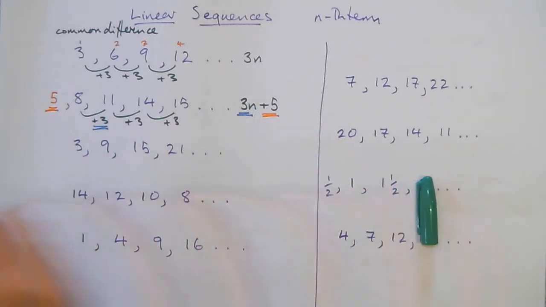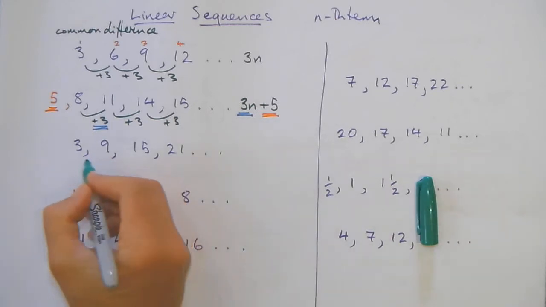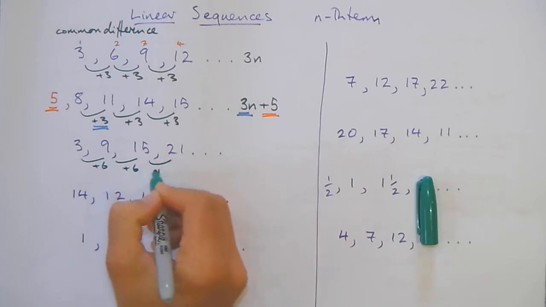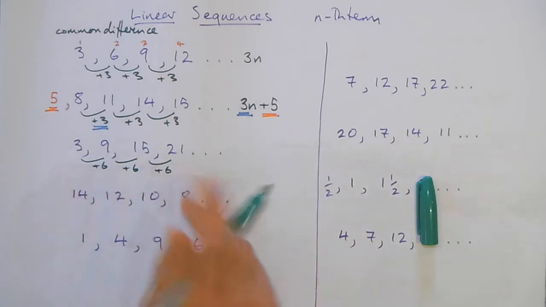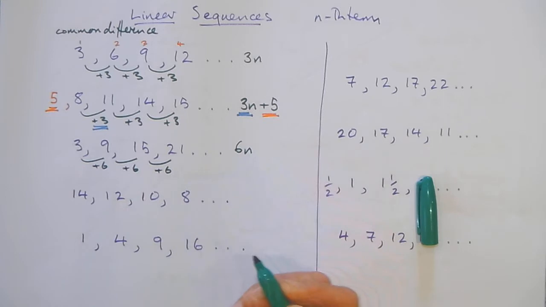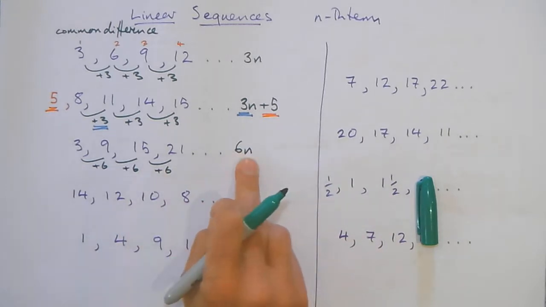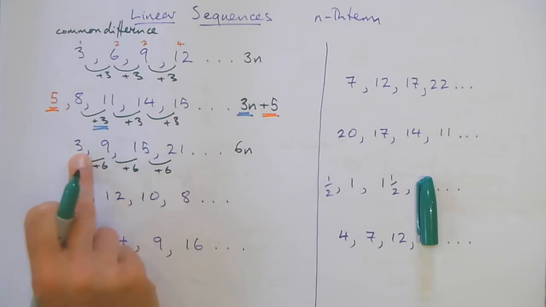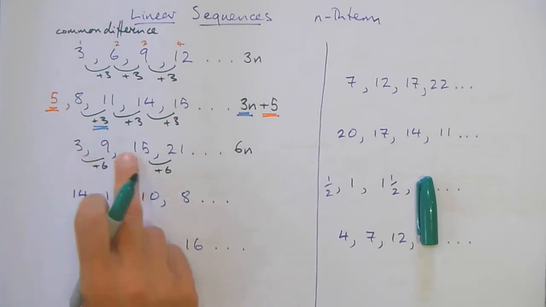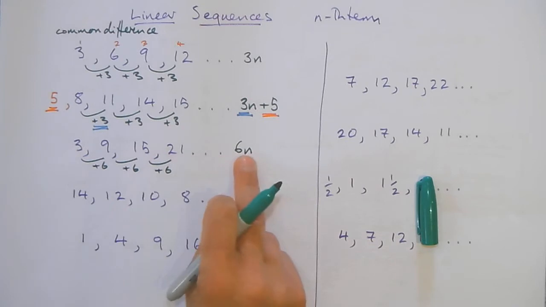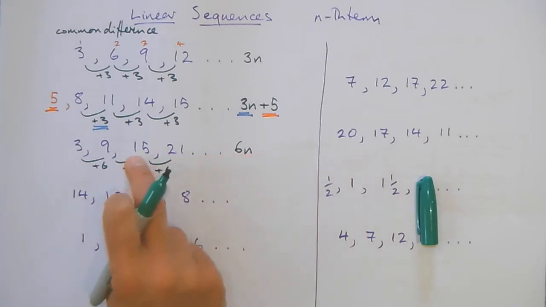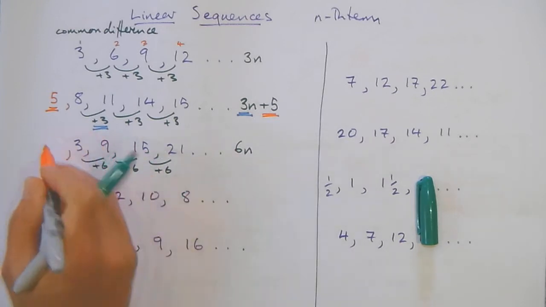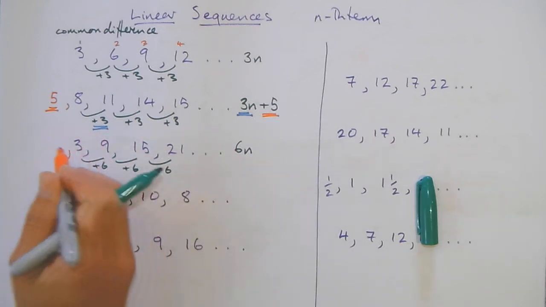So can we apply this to the next one? First of all, we check that there is a common difference. There is, which means this is going to be 6n, and you have a choice. Either say that 6n would start at 6, but this starts at 3, which is 3 less, or say that the third term should be 18, but it's 15, which is 3 less, or go back and invent the previous term.